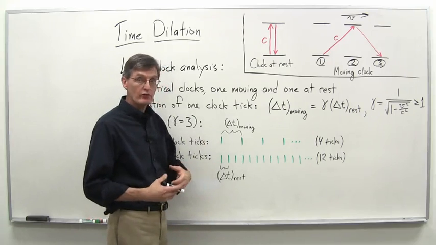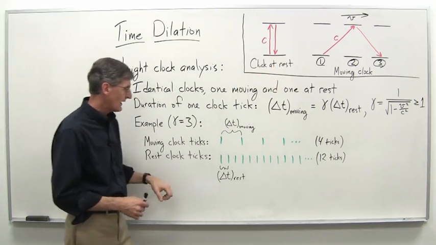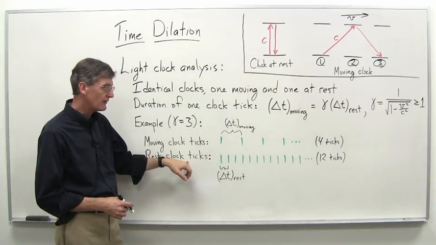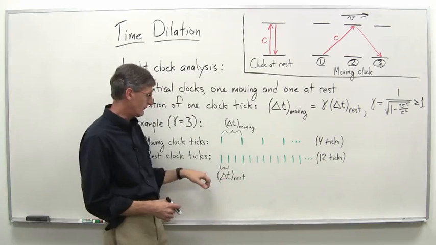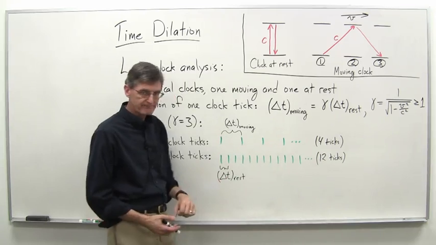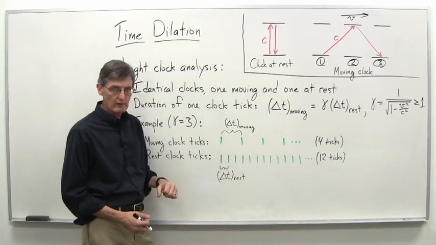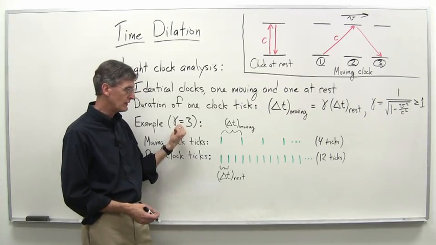What would be the corresponding elapsed time on Alice's clock as he observes it going by? And we can see this right here is that, the way I've drawn it here, I've got 12 ticks of the rest clock, his rest clock here, is going to equal 4 ticks of the moving clock.